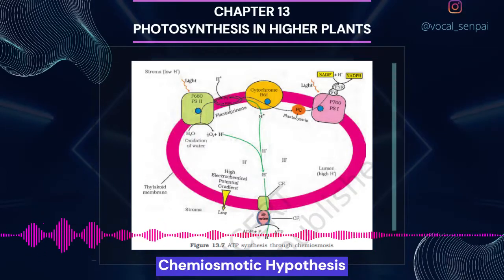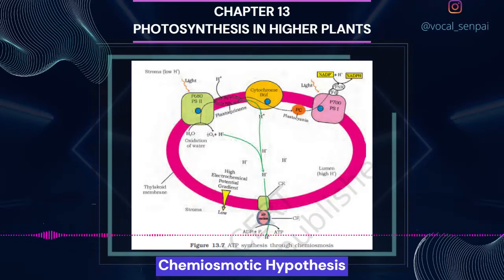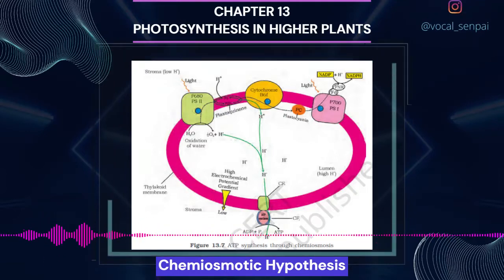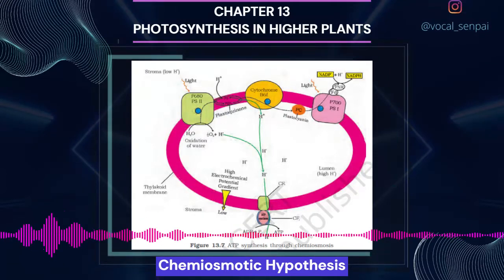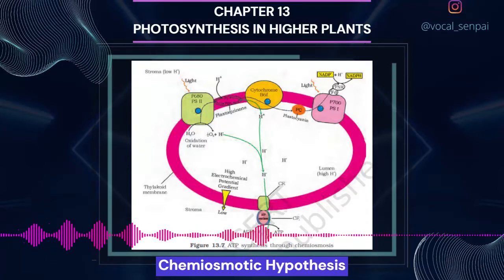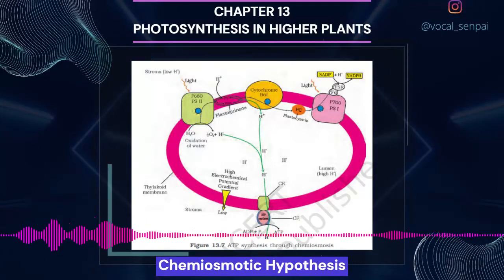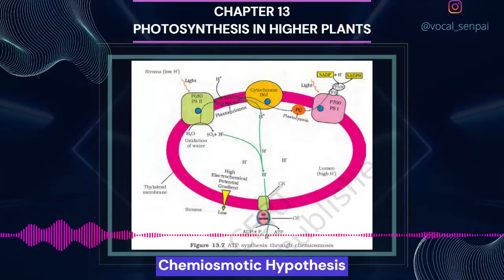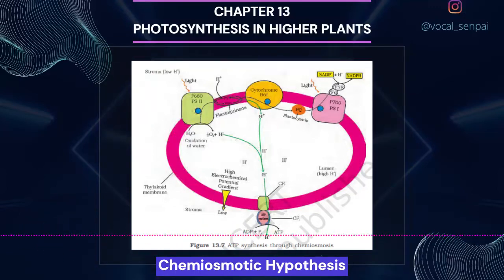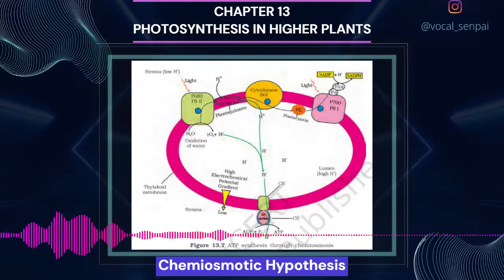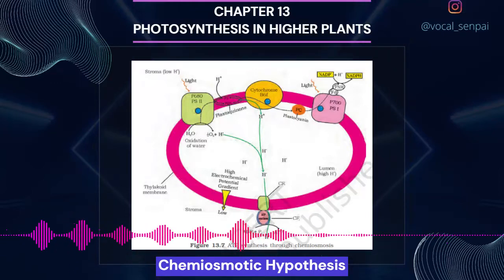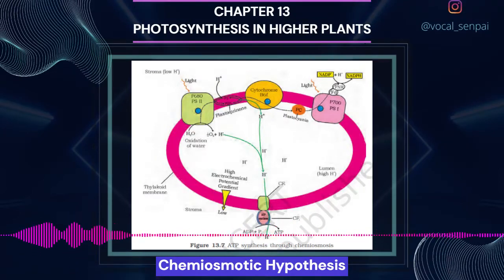Figure 13.7. A. Since splitting of the water molecule takes place on the inner side of the membrane, the protons or hydrogen ions that are produced by the splitting of water accumulate within the lumen of the thylakoids. B. As electrons move through the photosystems, protons are transported across the membrane.